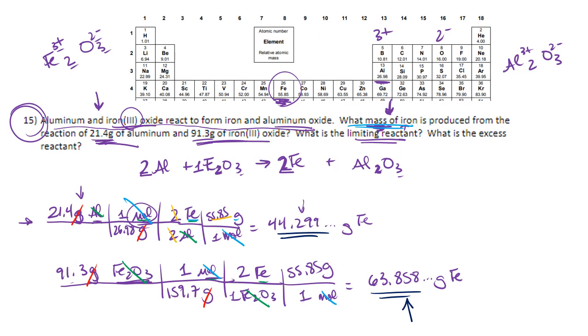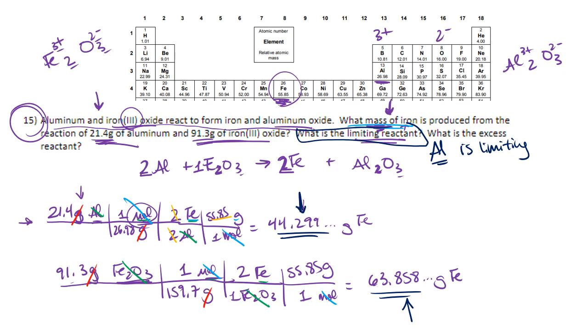We can't actually make 63 whole grams of iron because I'm going to run out of aluminum, because I can only make 44 grams from the aluminum. That means that our limiting reactant is aluminum. Aluminum is limiting because it made the lesser amount of product. I can't make as much iron with my aluminum as my iron 3 oxide, hence aluminum is limiting.